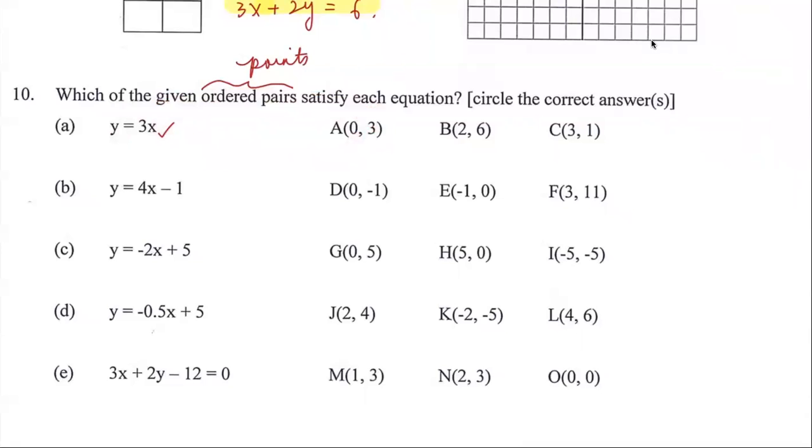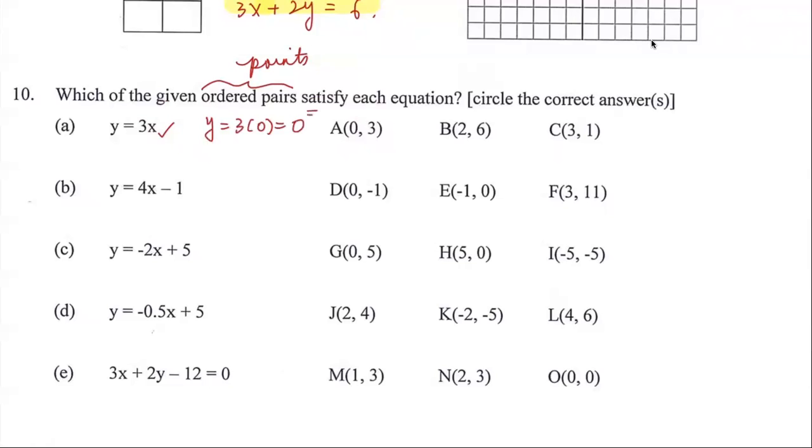Okay, so let's try. For example, the first equation is y is equal to 3x, right? And the first point is 0, 3. So if we plug 0 in the equation, y will be 3 times 0, which is 0.